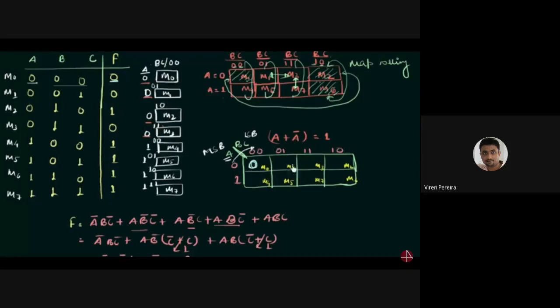M1 is again 0, so 0 here. Now you can see M2 is 1, so 1 will be here, M3 is 0, and the last 4 cells are all 1. So this is how we have to fill the K-map. Now the next step in the K-map is your pairing.